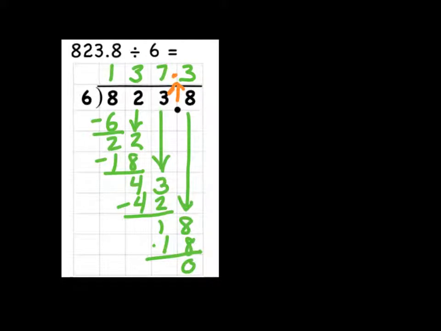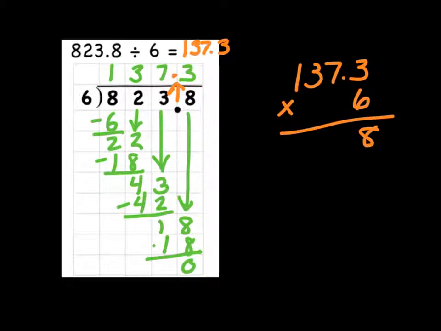So my answer to this question would be 137 and 3/10. Now I'm going to check my work by multiplying 137 and 3/10 by 6. And I should get the answer of my dividend, which is 823 and 8/10.